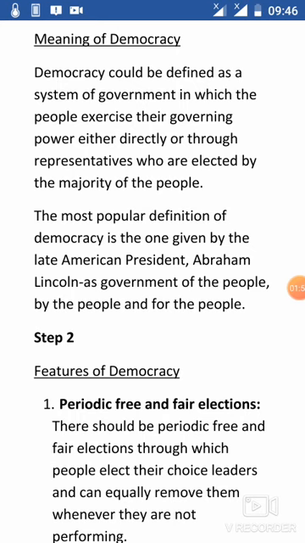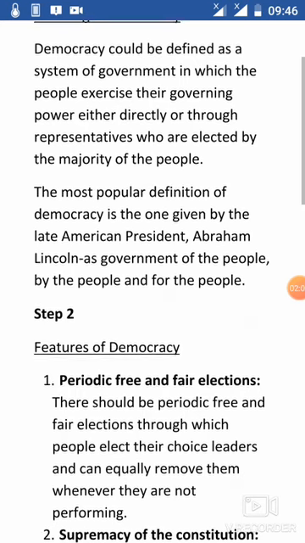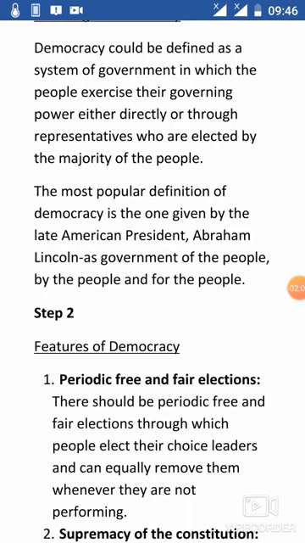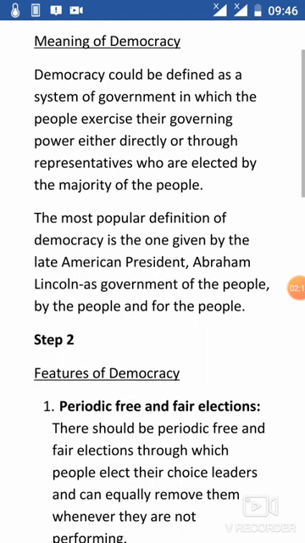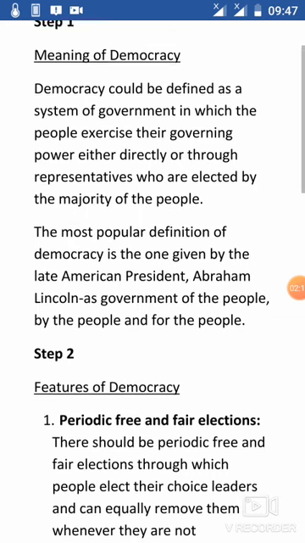Now we have the most popular definition of democracy given by the late American President Abraham Lincoln as government of the people, by the people, and for the people. This means that a government is democratic if it has the support of the citizens and is run by them in their best interests.